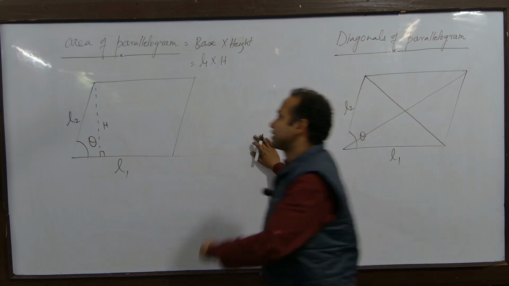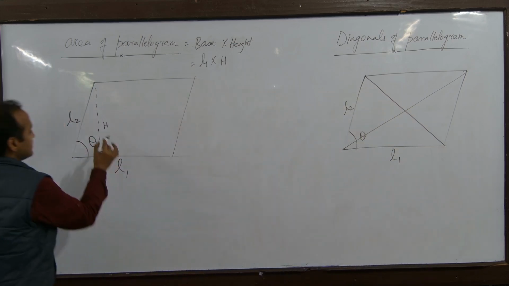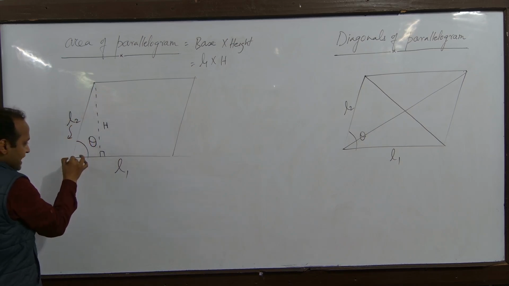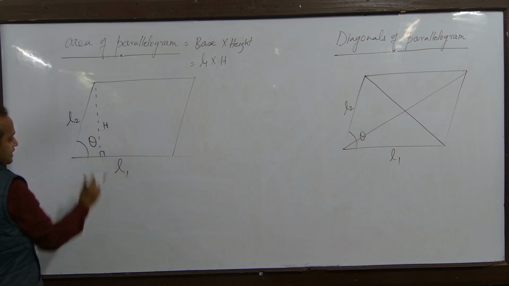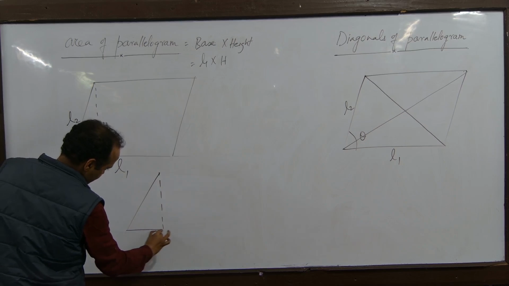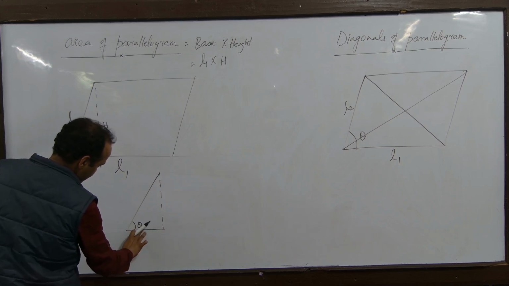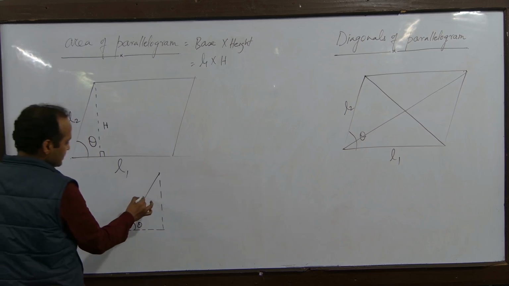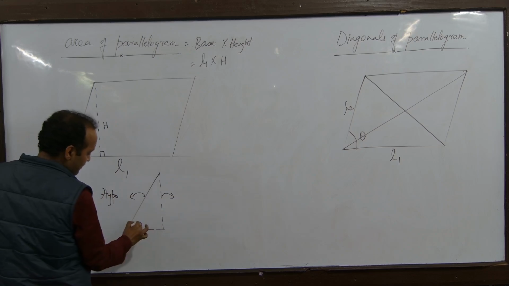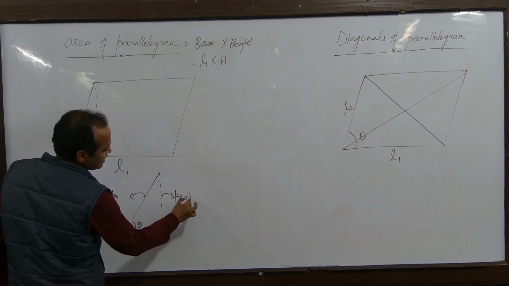Now apply trigonometric ratio logic. See, for this right angle triangle, I'm redrawing it. For this angle theta, this is hypotenuse, and this is perpendicular.